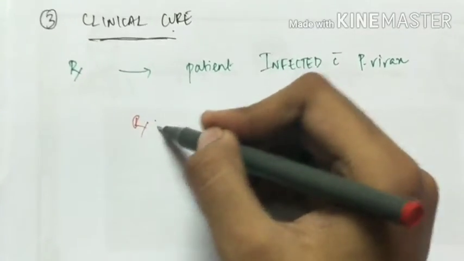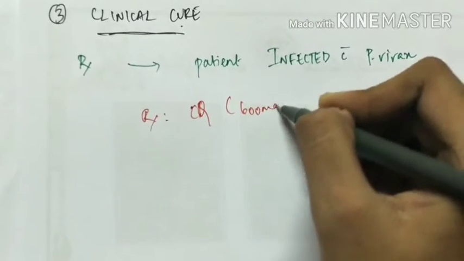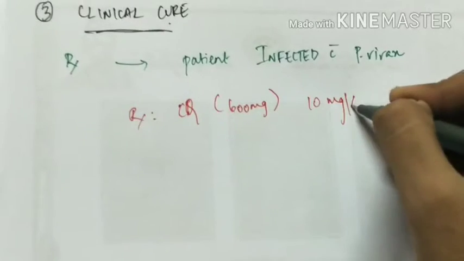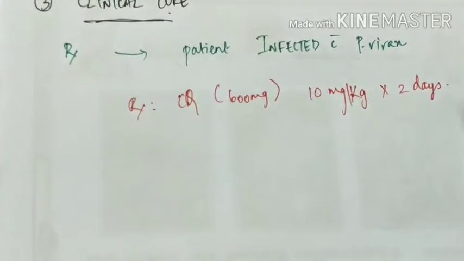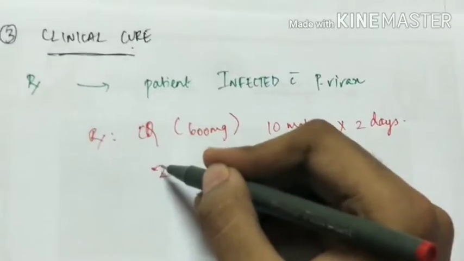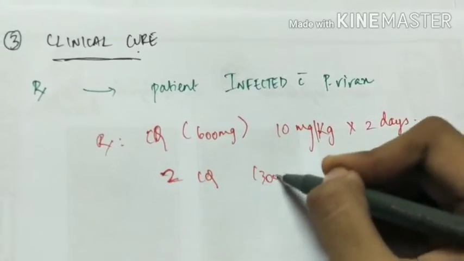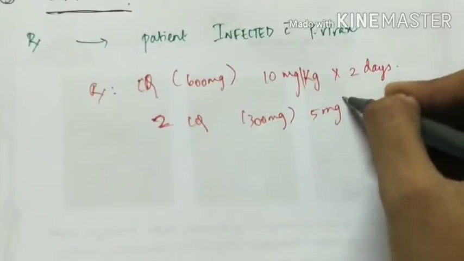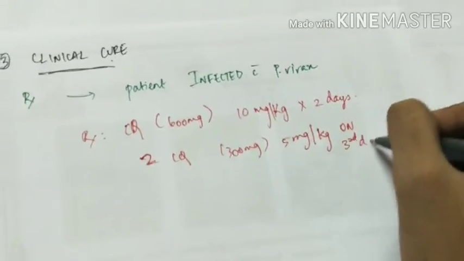The treatment here includes chloroquine 600 milligrams, 10 milligram per kg for 2 days, and 2 doses of chloroquine 300 mg as 5 milligram per kg on the 3rd day.